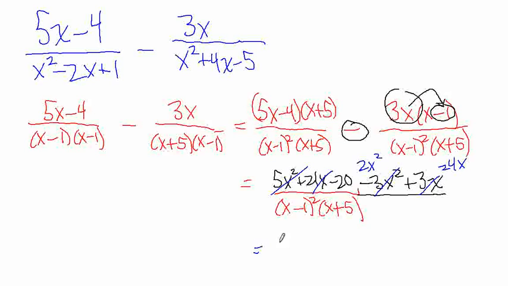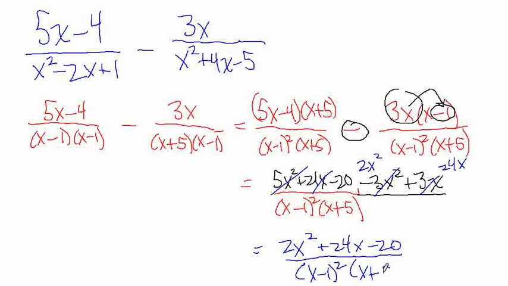So putting it all together, 2x squared plus 24x minus 20, over x minus 1 squared times x plus 5.